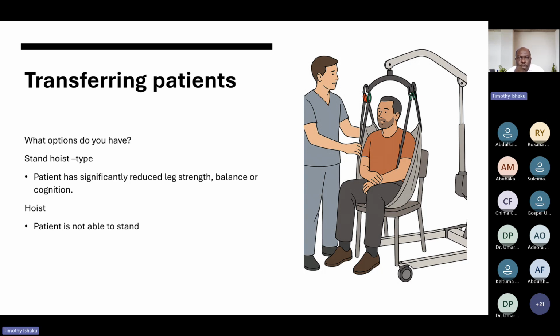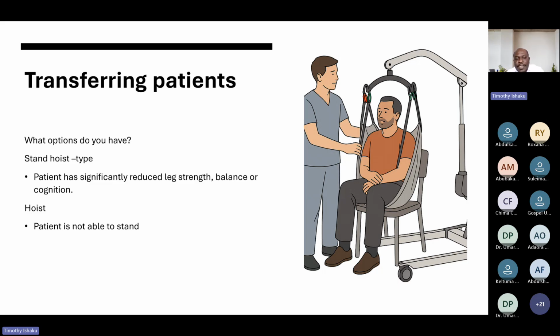Okay. So I know some of those equipment can possibly be a luxury, but the hoist is one you use for highly dependent patients. In terms of safety checks, you start from the sling, because the sling is a piece of cloth.